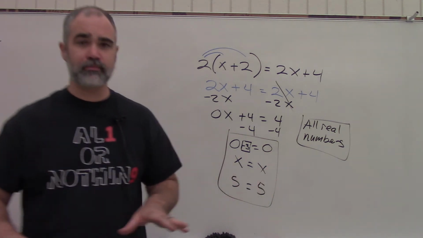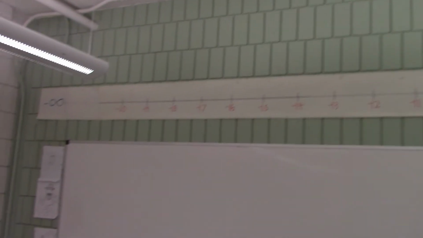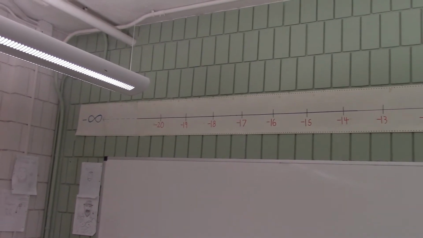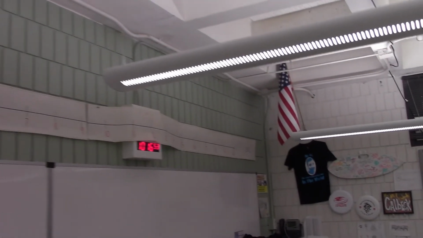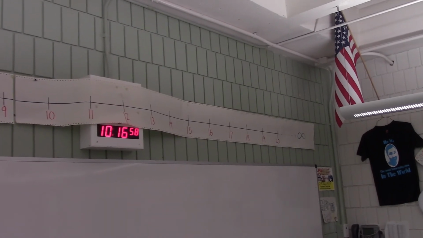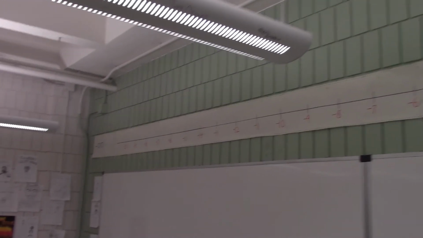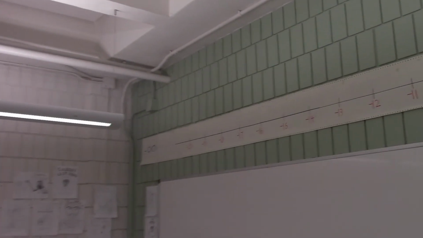If you take a look at the number line here, hold on, I'm going to grab the camera. We can take a look at the number line. I've got one in my classroom here. We can see the number line starts at negative infinity, and it goes all the way over to positive infinity. What all real numbers means is that any single number on this whole number line could be true. x can be anything and the statement is still equal.